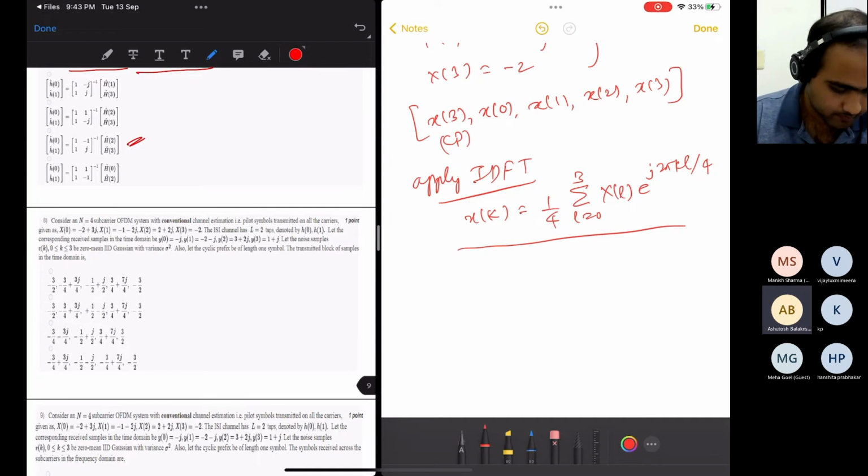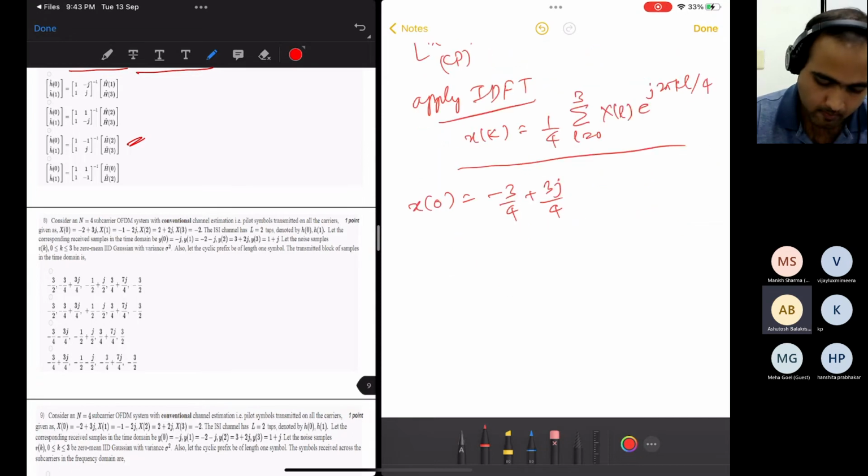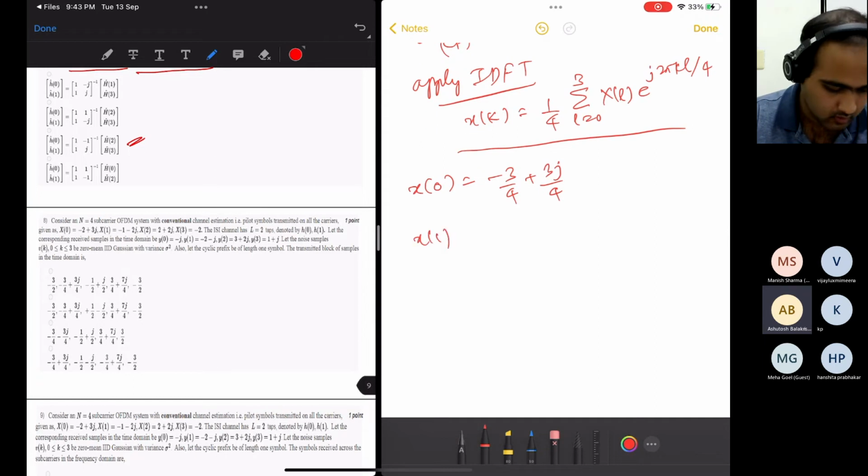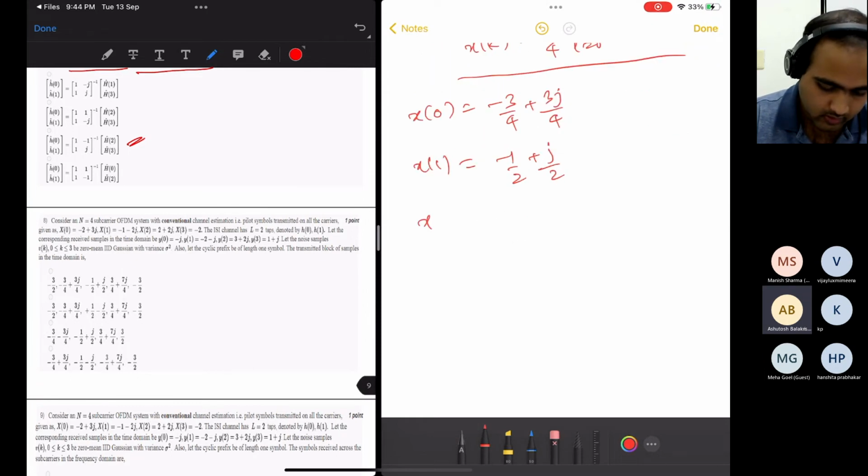So we get x of 0 is -3 by 4 plus 3j by 4. x of 1 is -half plus j by 2. x of 2 is 3 by 4 plus 7j by 4.